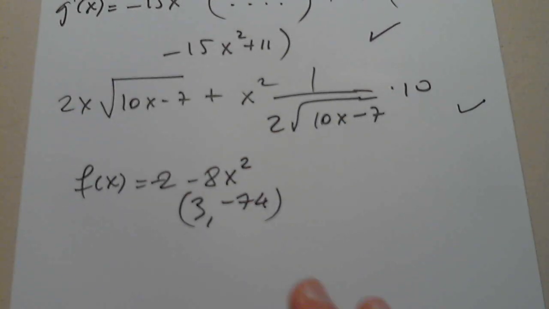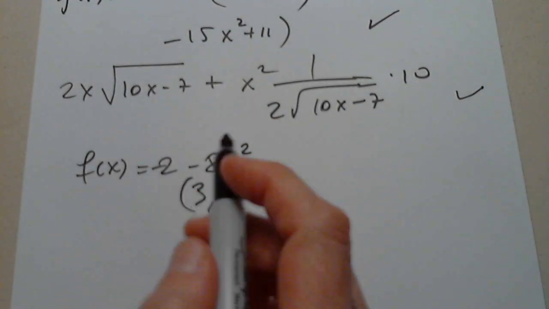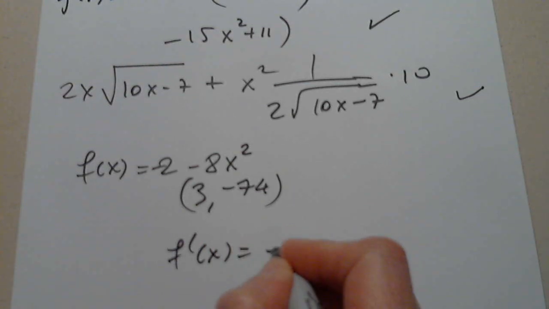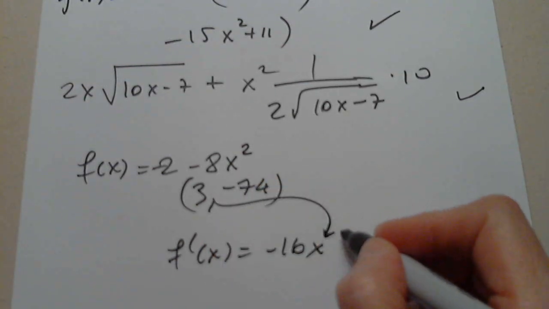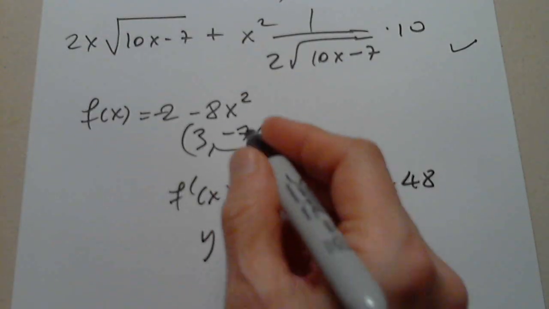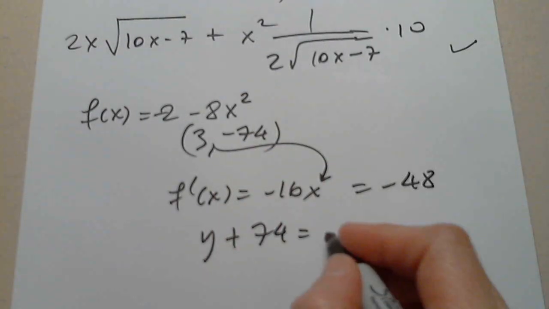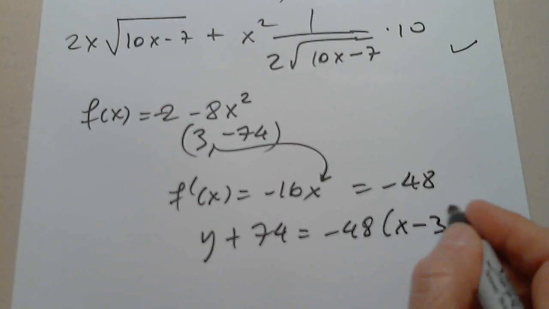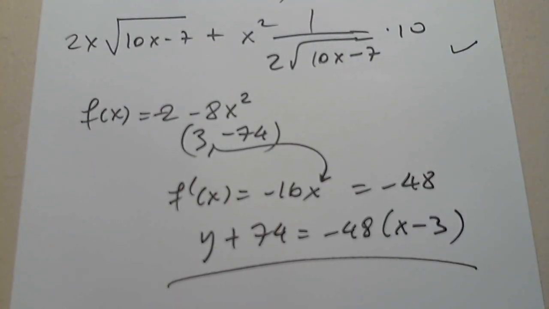So if you look at the examples from Monday, f prime of x is negative 16x. You have to plug in 3, so this is negative 48. So y minus 74 equals negative 48 times x minus 3, and we just solve for y.